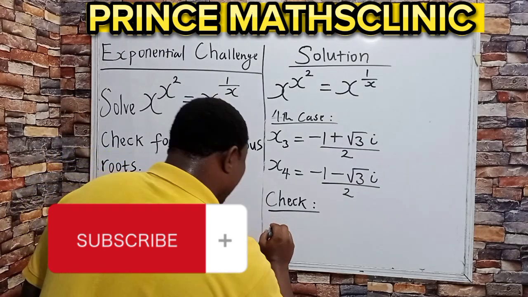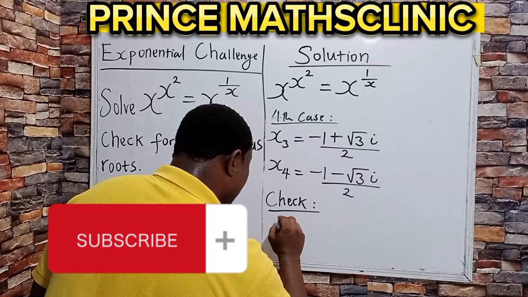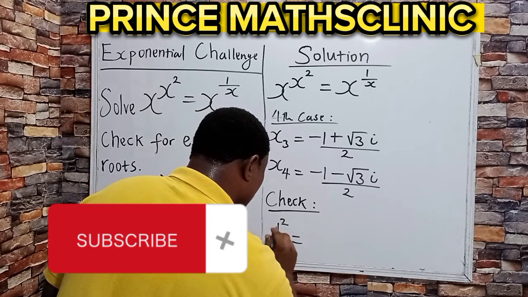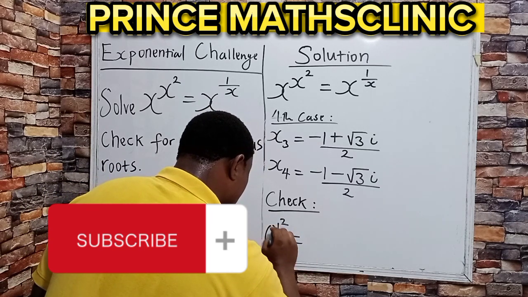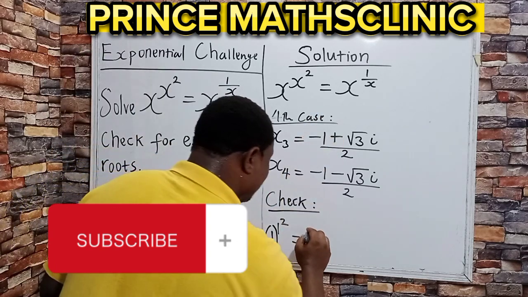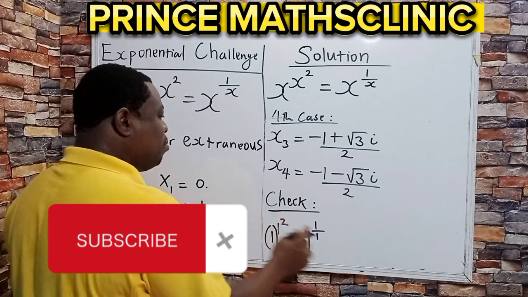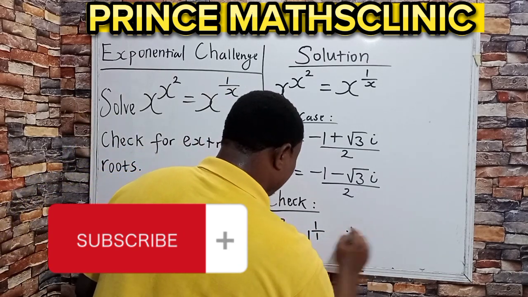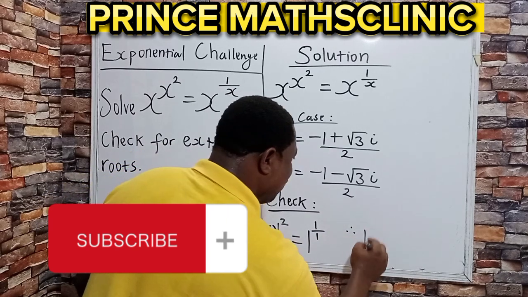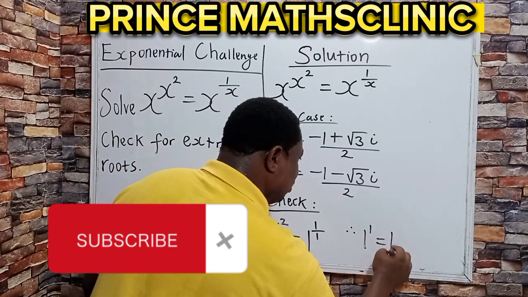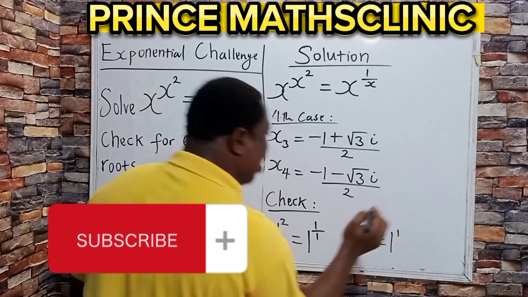Then let us check the value for x2 to see if it's extraneous. I have here 1 to the power of 1 to the power of 2. Will it be the same as 1 to the power of 1 over 1? 1 squared means 1. Then 1 to the power of 1. Then here you have 1 over 1, which is still 1.